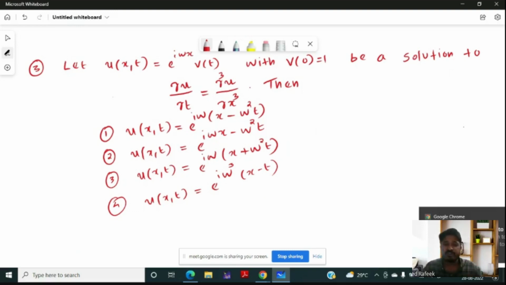Then u of x comma t is equal to e raised to I omega x minus omega square t. U of x comma t is equal to e raised to I omega x minus omega square t. U of x comma t is equal to e raised to I omega into x plus omega square t. U of x comma t is equal to e raised to I omega cube x minus t.